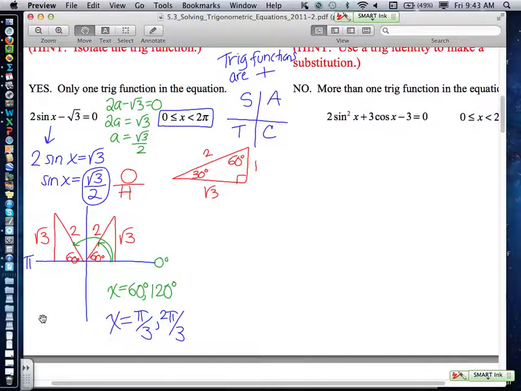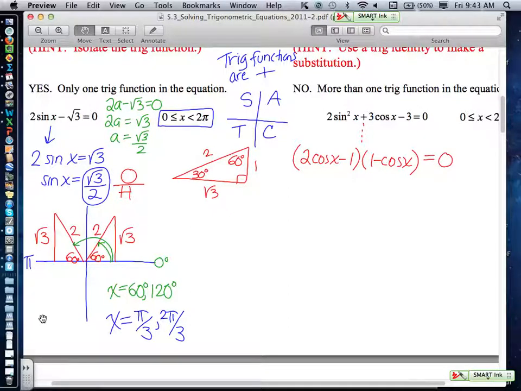So from the previous example, this becomes 2 cosine x minus 1 times 1 minus cosine x. And when you go home and you rewatch the video and you're trying to figure out where this came from, remember that's from the previous video. It's all explained there. And I'll have that posted as well.